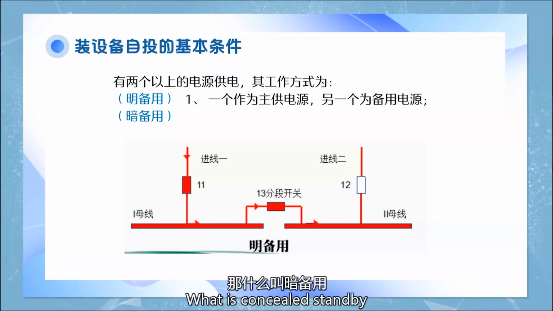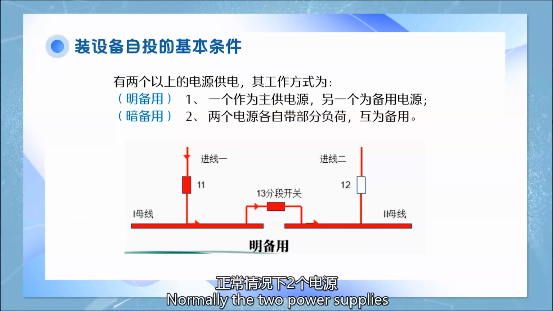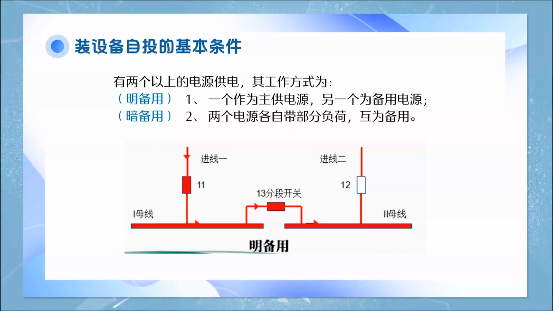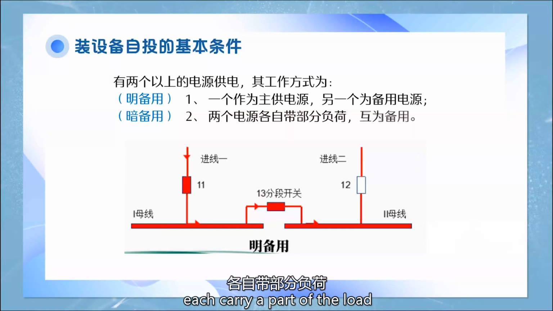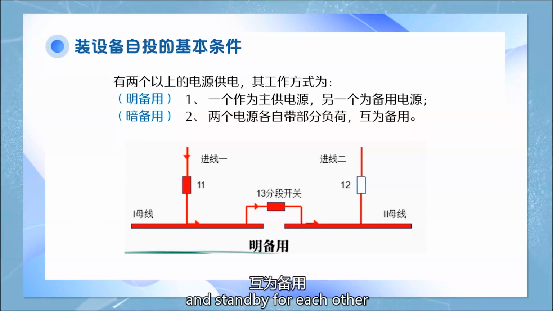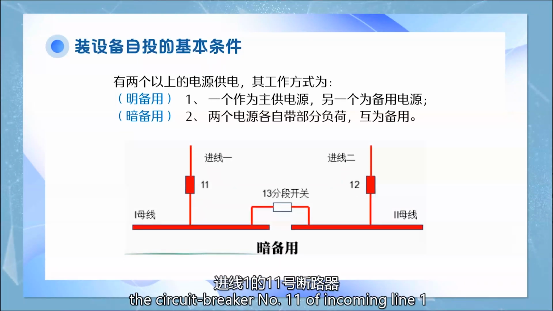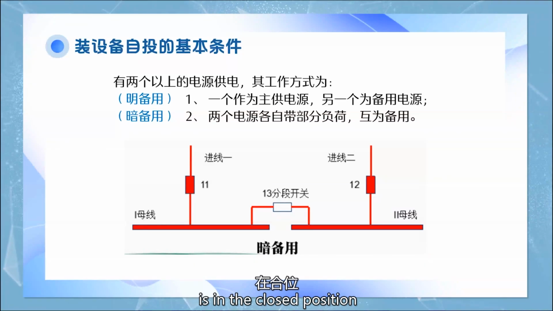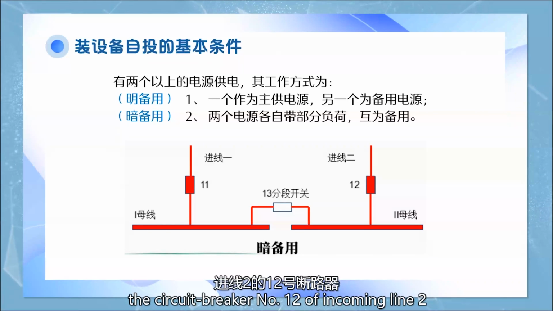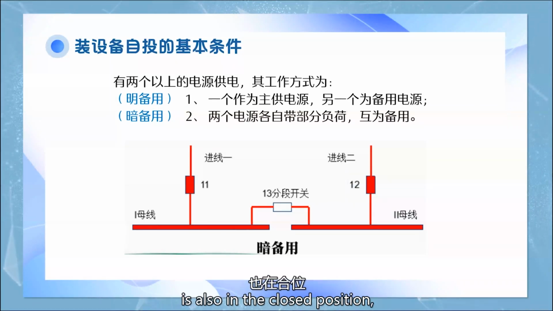What is concealed standby? Normally, the two power supplies each carry a part of the load and stand by for each other, which is called concealed standby. Normally, circuit breaker number 11 of incoming line 1 is in the closed position. Circuit breaker number 12 of incoming line 2 is also closed.